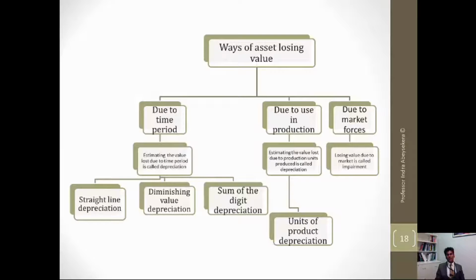There are ways of an asset losing value. One is the time dimension. It could be due to time, or because the asset is being used, that it is used in production. That's the second dimension. And the third is due to market forces.